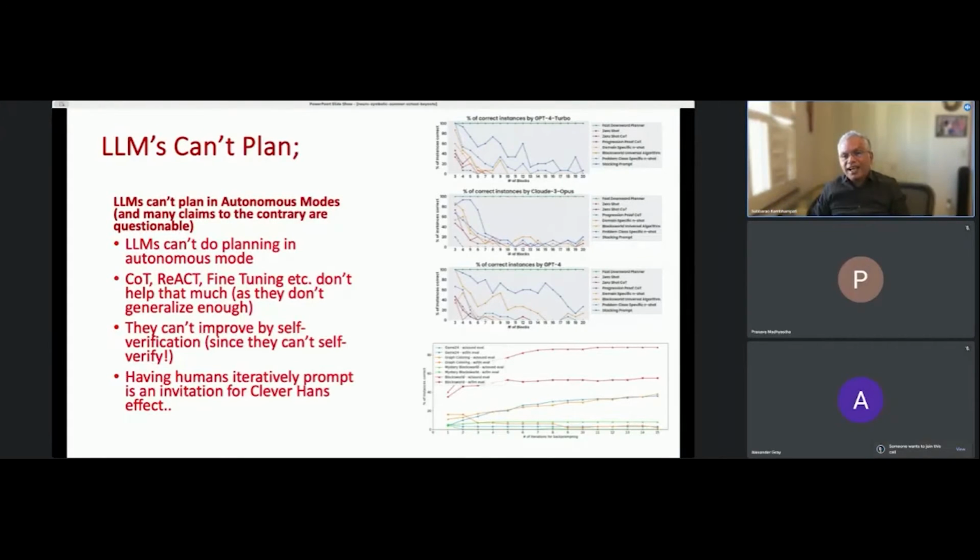That's because they hallucinate, with false positives and false negatives: seeing errors that don't exist, or missing errors that exist in their own solutions. Oftentimes they might even go right over the correct solution and end up in a wrong solution. So self-verification doesn't work.